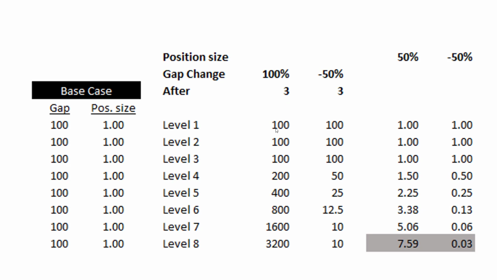So based on the basic case, the first 3 levels will remain the same, but after that the gap will increase by 100%. So that means it will double. So it's 100, 200, 400, 800, 1600, and 3200.